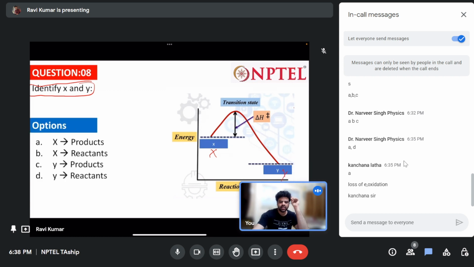Choose from here. I think now you can answer easily. X is reactant and Y is products. Kanchana is saying reactant and product.